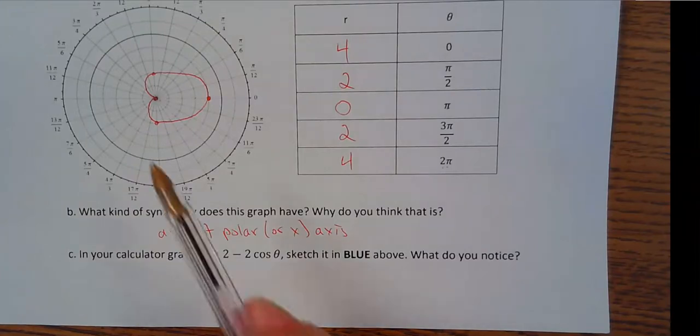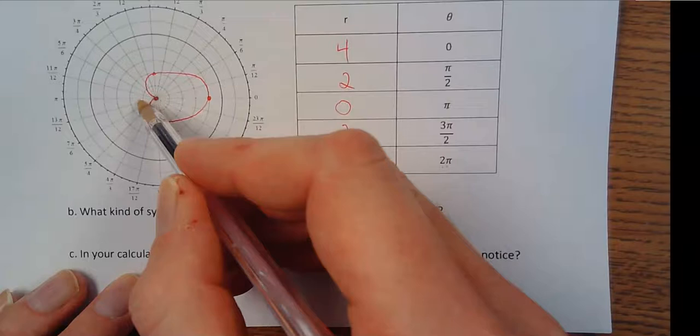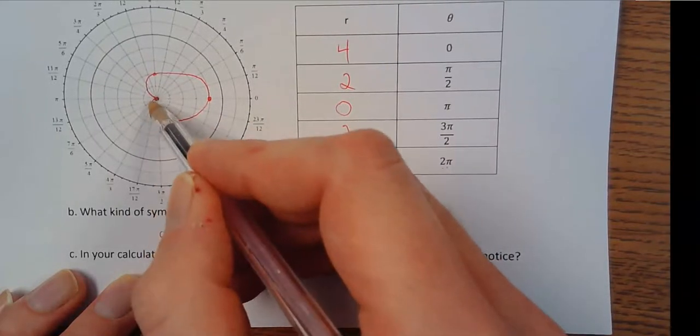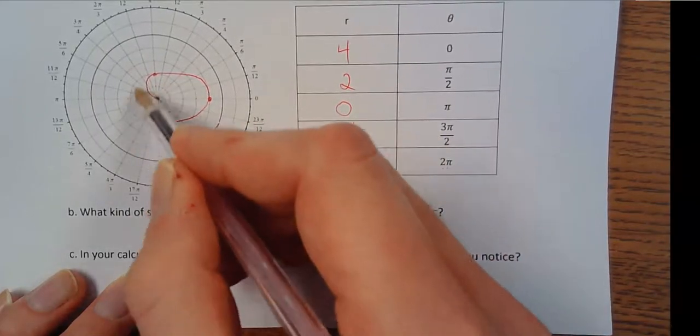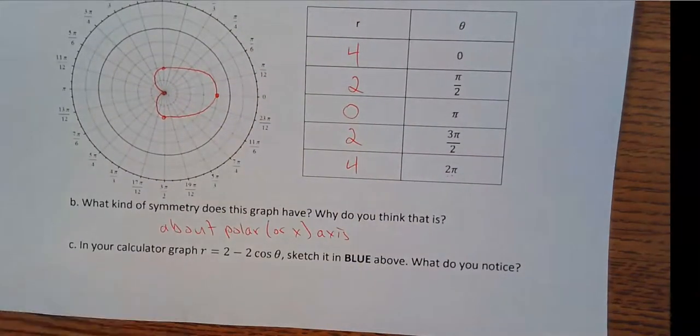With sine, it's actually going to be another way. If I change the sign, it's going to look like a heart going down. So it'll be like a double like that, or this way too. So it's going to be reflected about the y-axis.